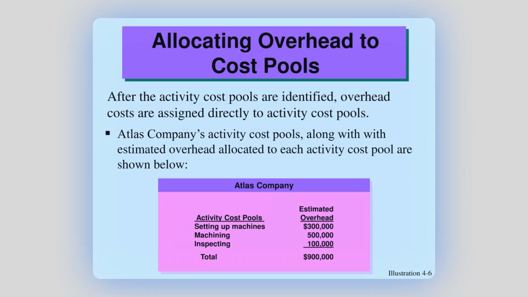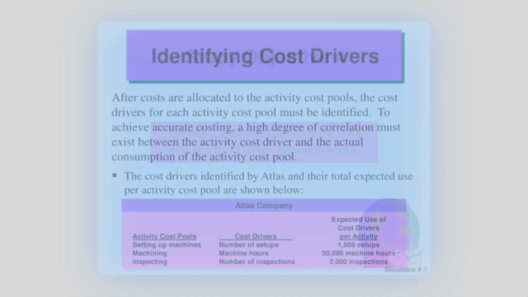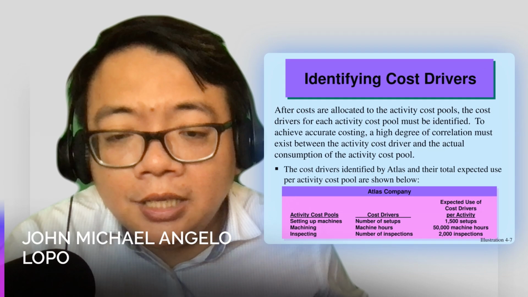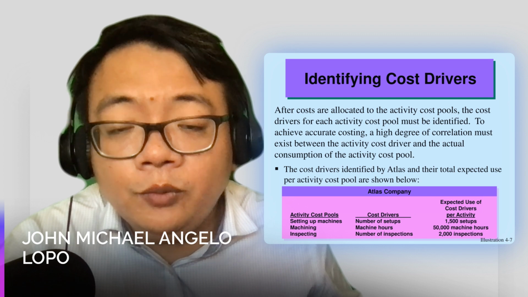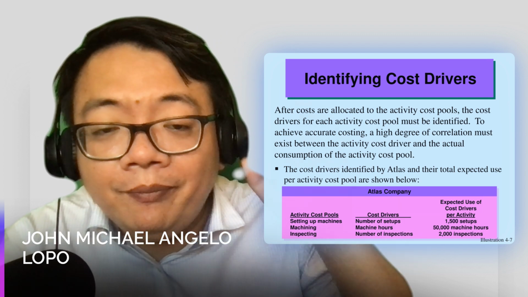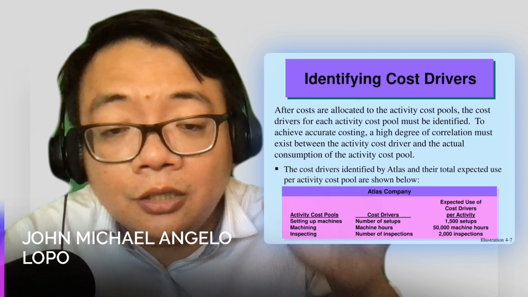Next one is to identify your activity cost driver in activity-based costing. How do we do that? We go back to the computation of the predetermined overhead rate. How do we compute for that? Total estimated annual overhead divided by total cost driver.